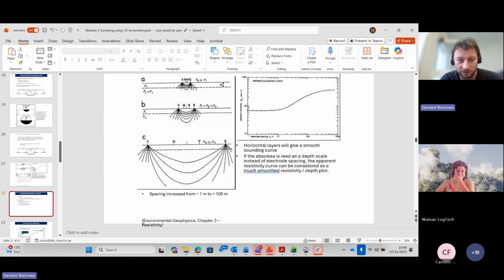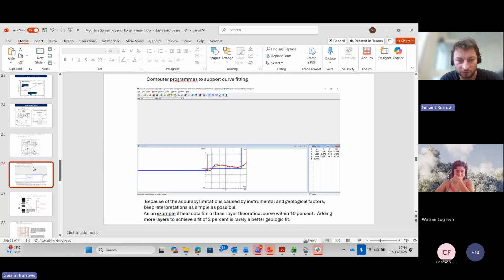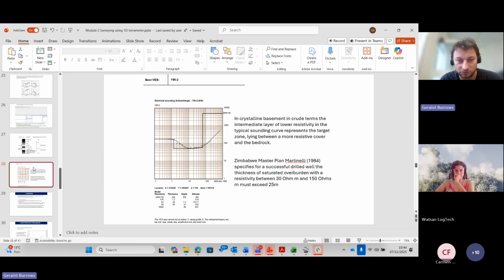Based on the shape of the curves that come out of it, and we're going to do the interpretation of that after the break and have some examples to see for ourselves, the shape and the depth of the saturated material will then give an indication as to how successful a borehole is going to be when you drill it at that location.